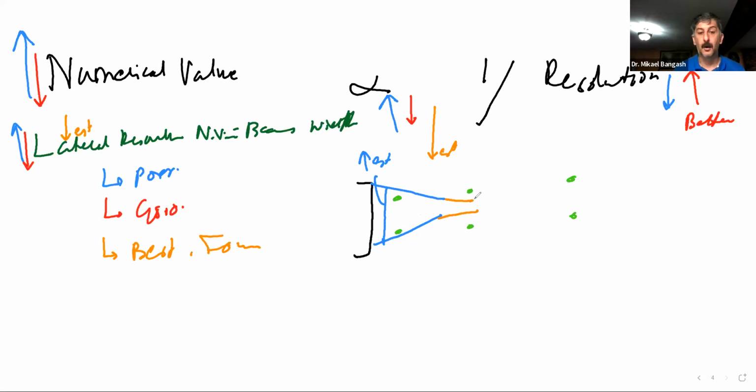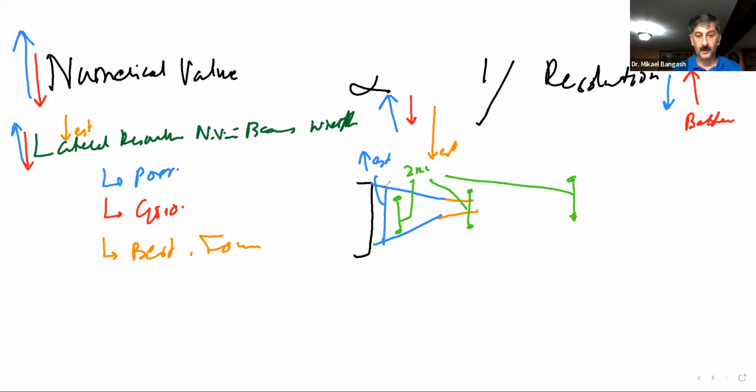Clear? Although the two structures are at the same distance from one another, let's say this distance here was 2 millimeters. Is this distance here also going to be 2 millimeters? We can say this distance here is also going to be 2 millimeters.